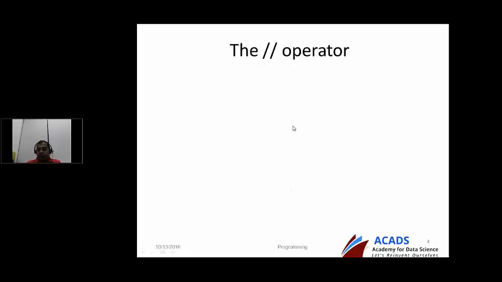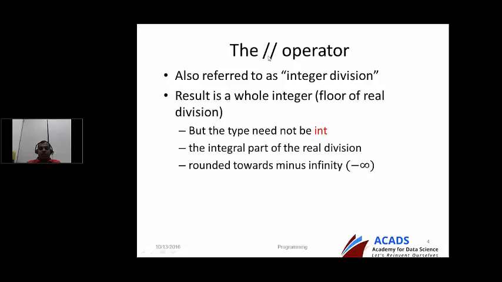So let's have some more discussion on the integer division operator. These are two forward slashes without any space in between. This is also referred to as integer division. The result of an integer division operation is a whole integer, or in mathematical terms, the floor of the real division.